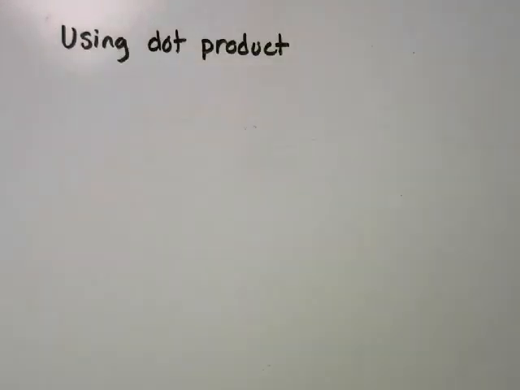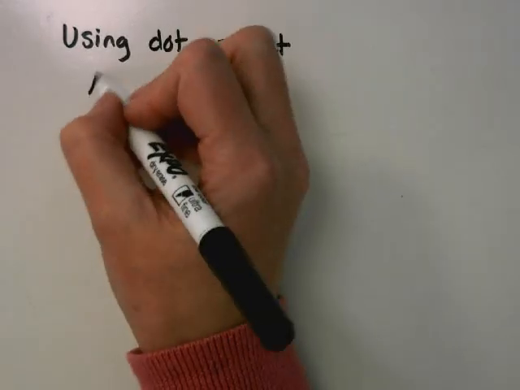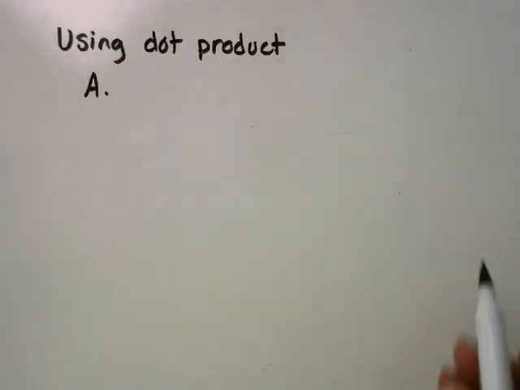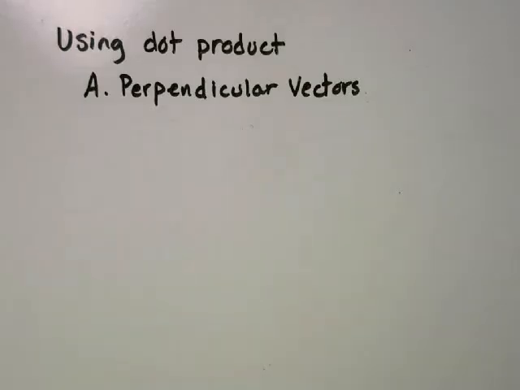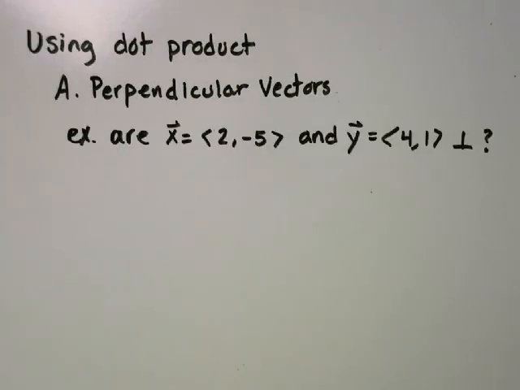Okay, so we're going to use the dot product first for the obvious choice, perpendicular vectors. If the dot product is 0, then vectors are perpendicular. So are the vectors x, which is (2, -5), and y, which is (4, 1), perpendicular?